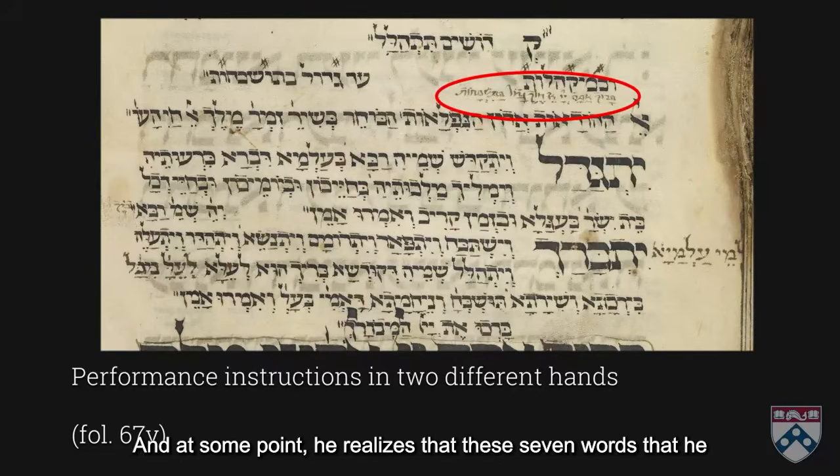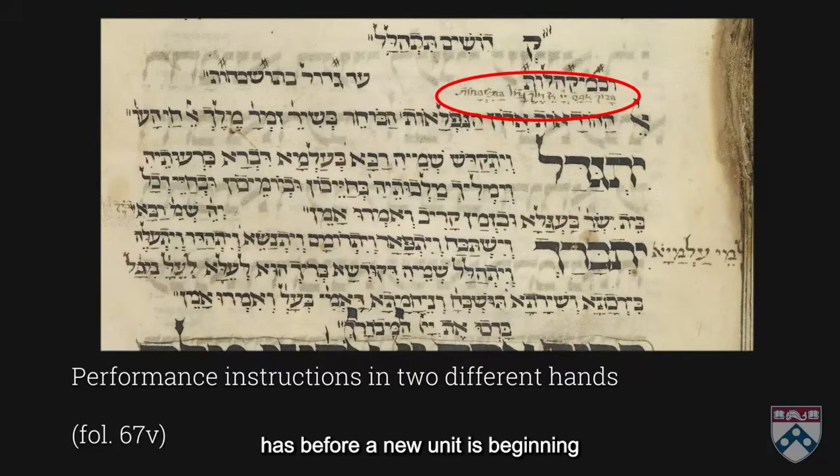At some point he realizes that these 7 words that he has before a new unit begins don't fit into the line. And he only abbreviates the first 3 words of them, and that assumes that since this is a text that everybody is reciting, that's recited several times within the liturgy, everybody would know how to complete that.